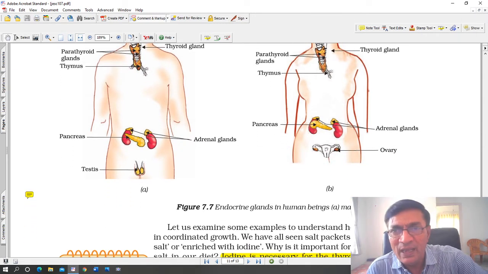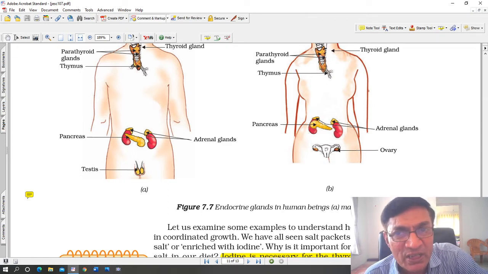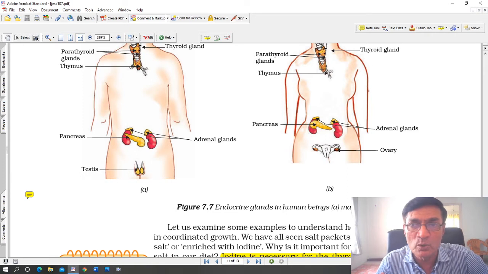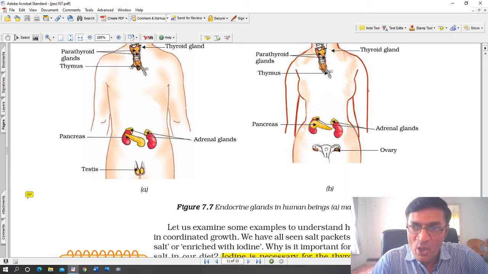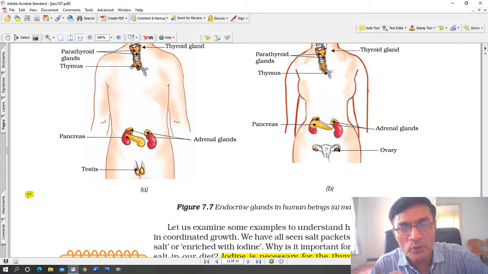For example, in humans, the male has a pair of testes which secrete testosterone. Testosterone is a male sex hormone. It regulates secondary sexual characteristics and the formation of sperms in the testes. Whereas in the female, they have the ovaries. The ovaries secrete 2 hormones. Both are called sex hormones.